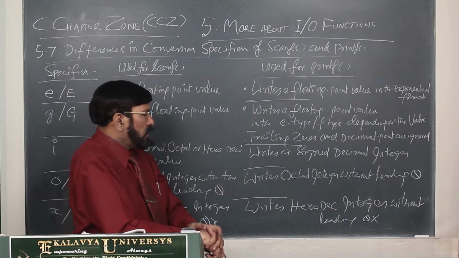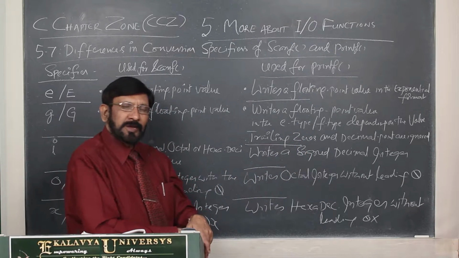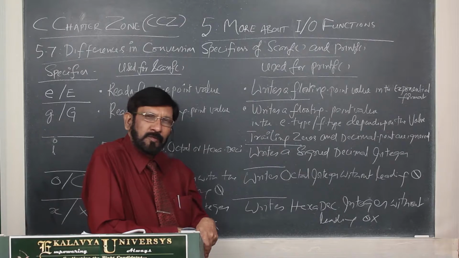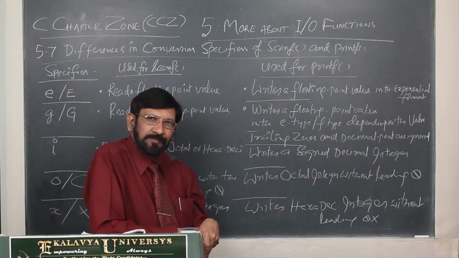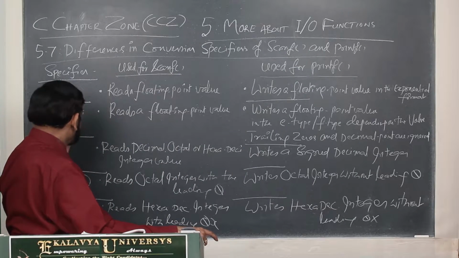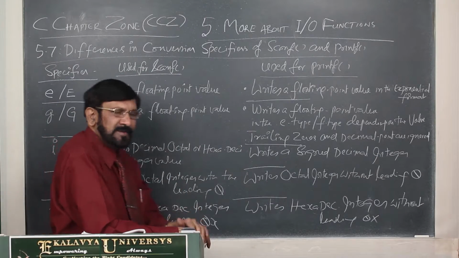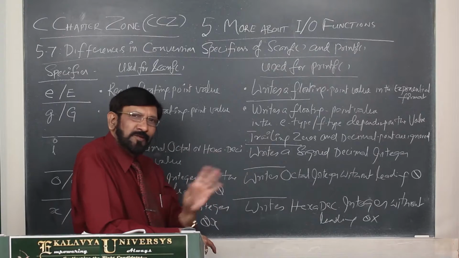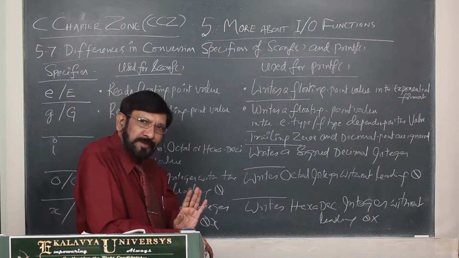One more point I have to tell you. Suppose you have given 1.0 and you write it using percentage g, lowercase or uppercase. Then it prints 1 only; the decimal point is also not printed.